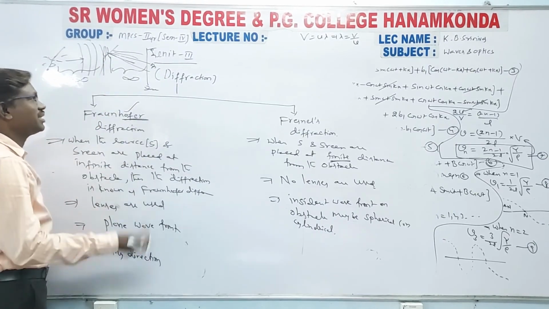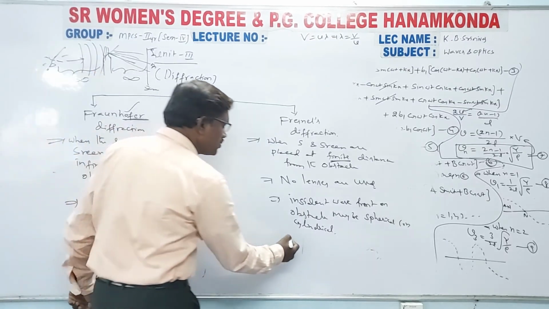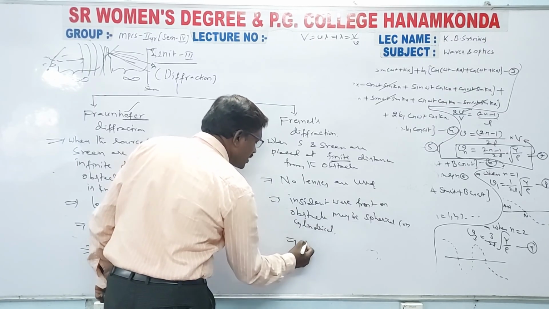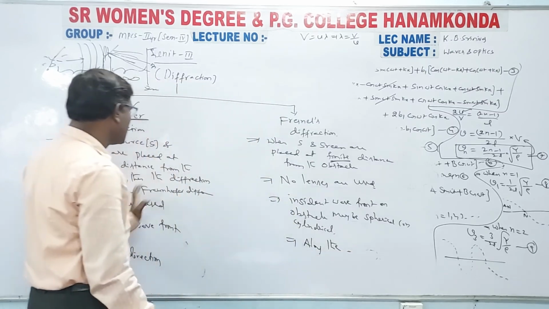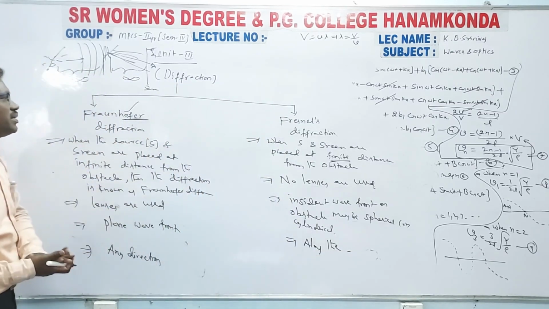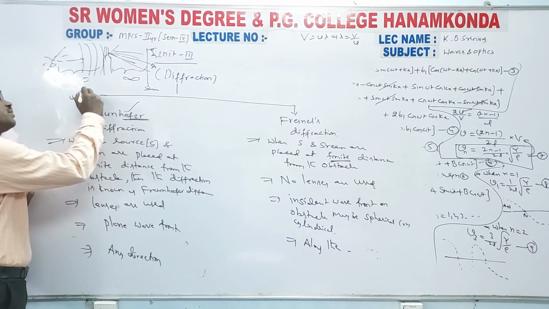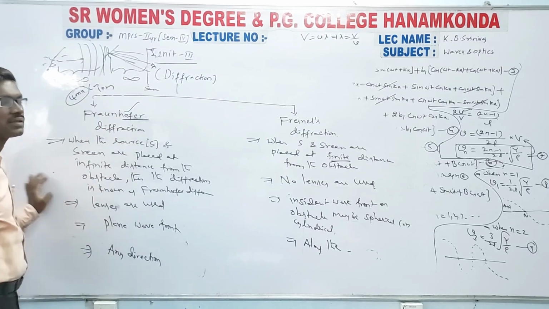There is no restriction to observe Fraunhofer diffraction. But in the case of Fresnel's diffraction, we have to place the telescope along the direction of the incident light. These are the differences between Fraunhofer and Fresnel diffraction, and remember, this is a very, very important question for 4 marks. Nowadays they are giving this question for 10 marks, as a regular question.